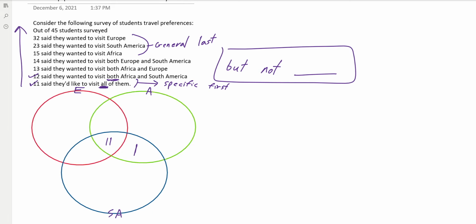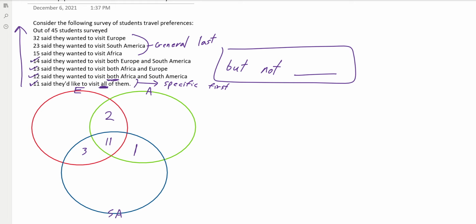That needs to add up to 13, so 11 plus 2 is 13. Last we have 14 for both Europe and South America. So we have to have 3 down here: 11 plus 3, that's this whole area, equals 14.